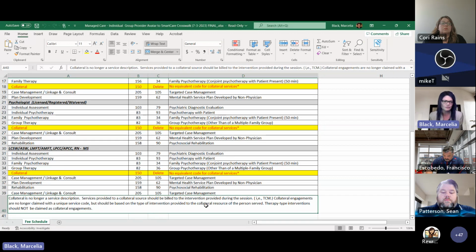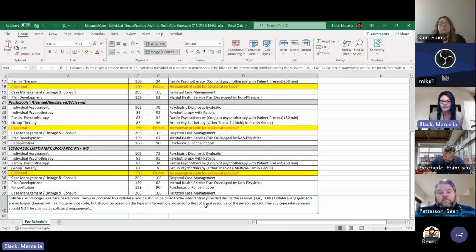One thing we wanted to point out is that collateral is no longer a separate service that someone would provide. Collateral is actually billed with the intervention that's most closely associated with the type of intervention that you provided. As we discussed earlier, we are going to be providing subsequent information on collateral and case management.